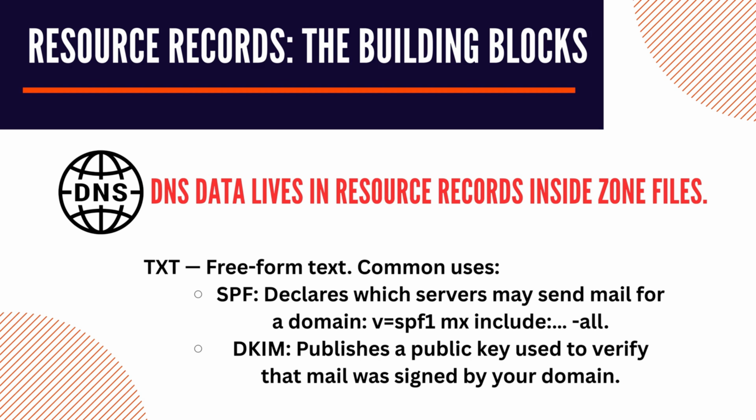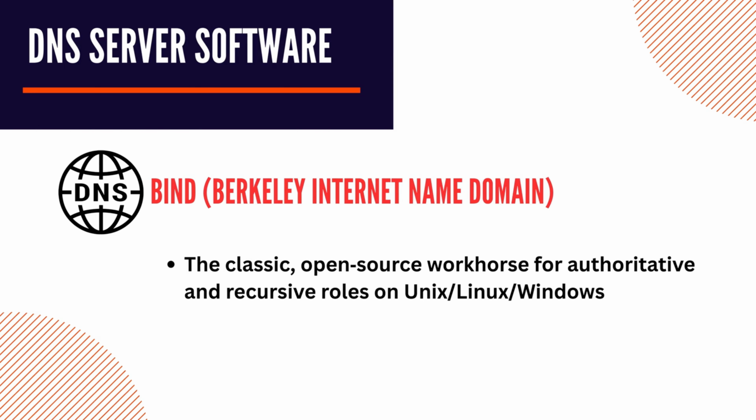SPF declares which servers may send mail for a domain. DKIM publishes a public key used to verify that mail was signed by your domain. DNS server software, what runs the show. BIND, Berkeley Internet Name Domain: the classic open source workhorse for authoritative and recursive roles on Unix, Linux, and Windows.